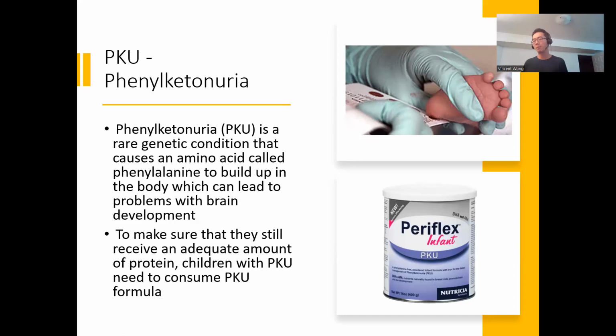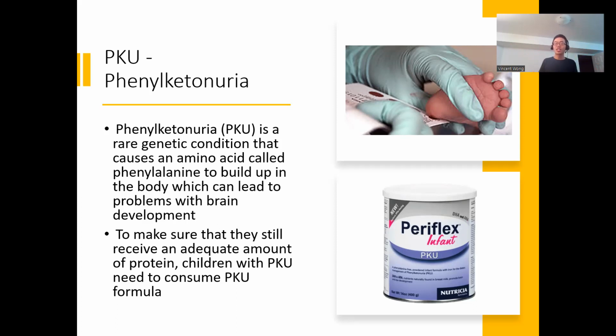If you don't have the enzyme to break down trans fat, then it builds up in your body, right? And for these individuals, they don't have the enzyme to break down phenylalanine. And since phenylalanine is very common in many different types of proteins, including milk, like breast milk, for example, the phenylalanine is going to build up in the body, and it's going to lead to brain development problems.